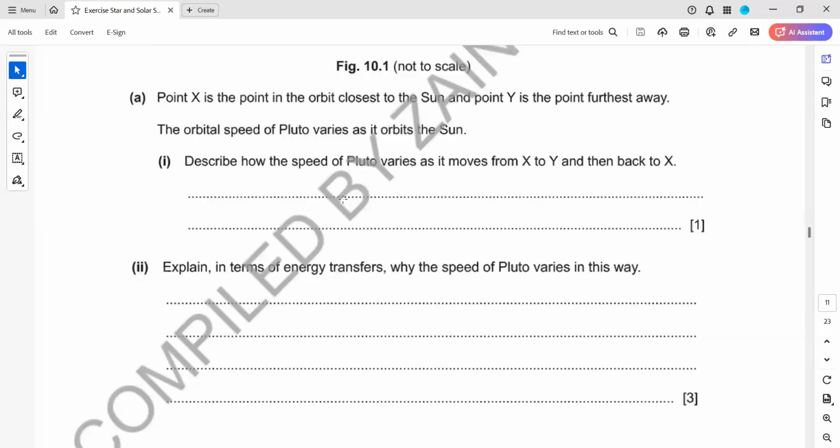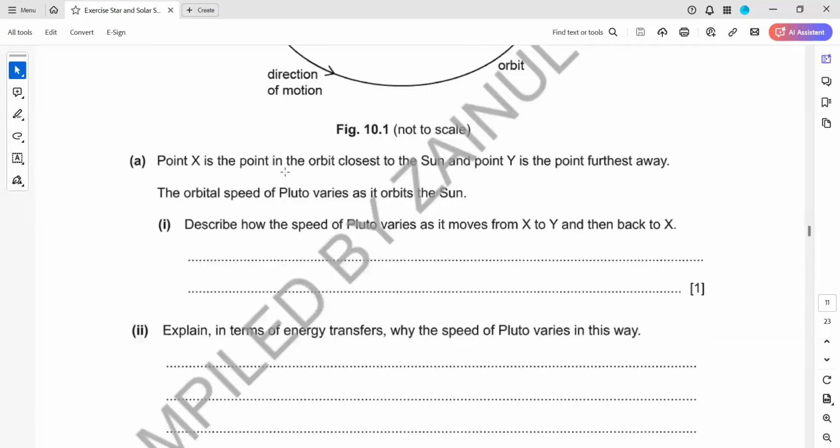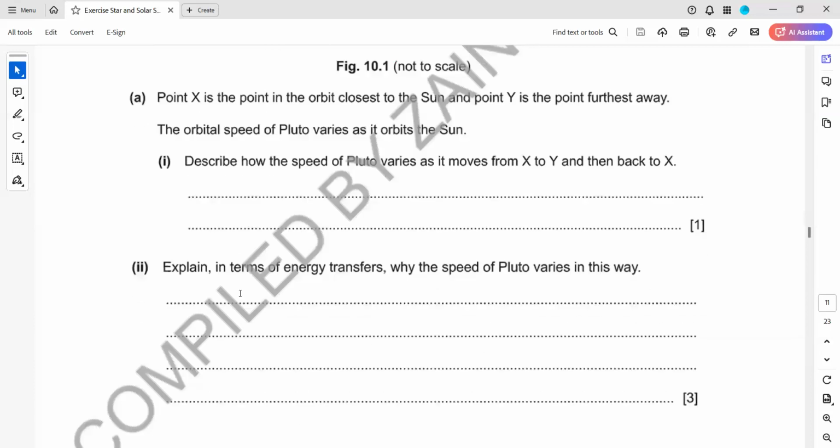Explain in terms of energy why this speed varies. Here is a structured answer for this one. First, mention that the total energy is constant, or conserved. The total energy is the sum of the gravitational potential energy, due to the position, and the kinetic energy, due to the motion.